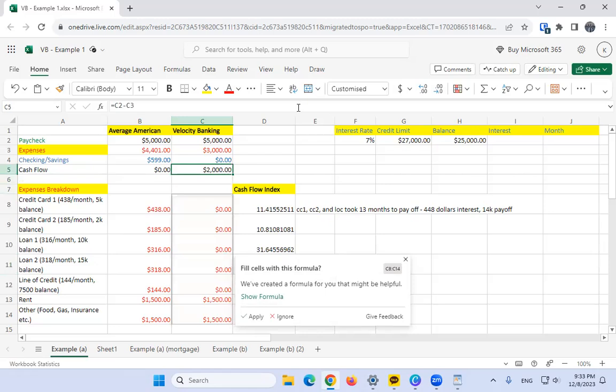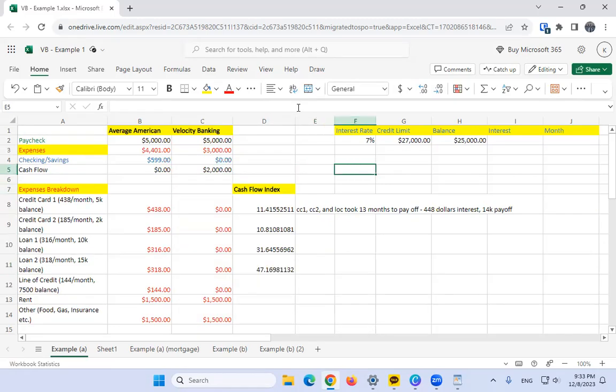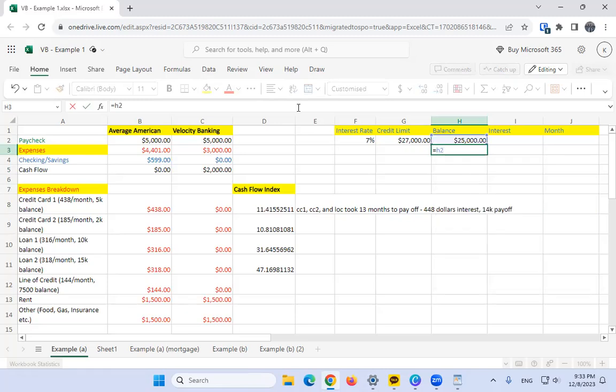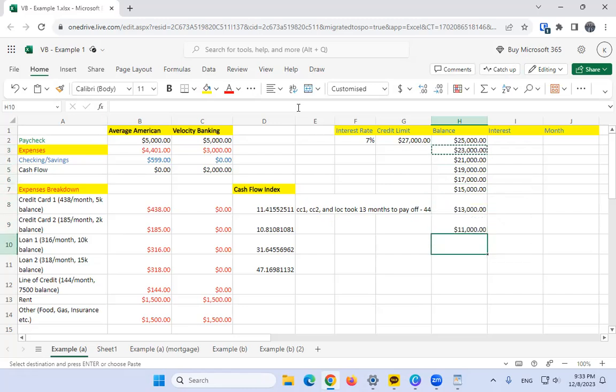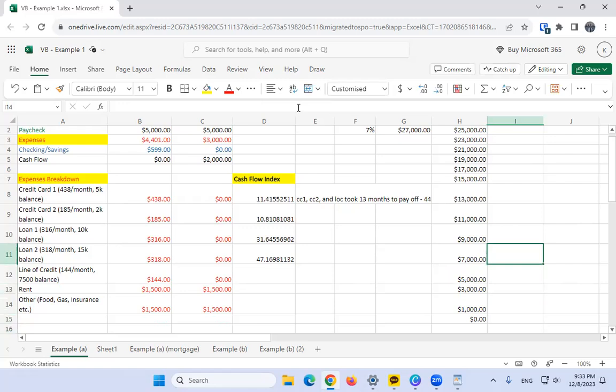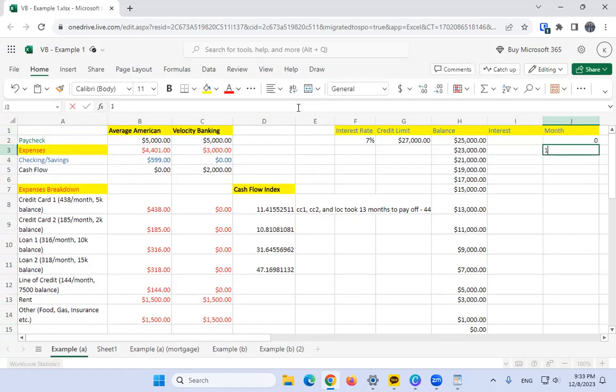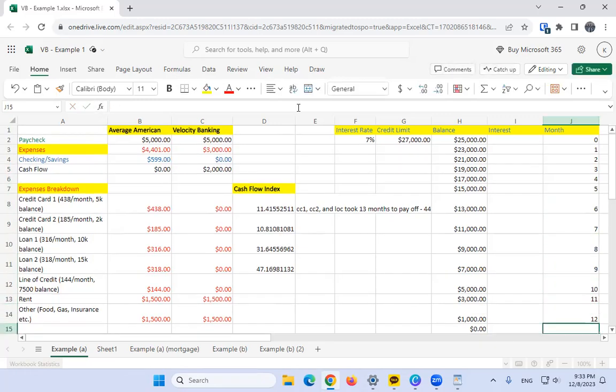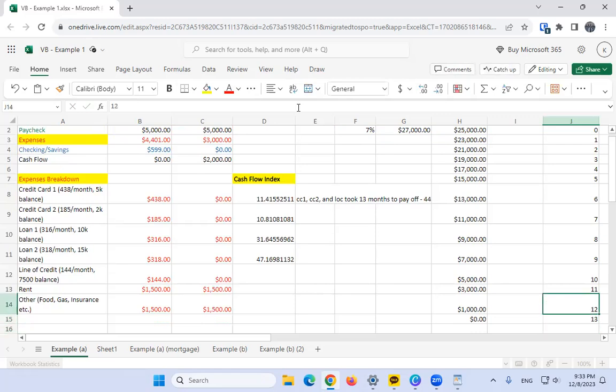So what's our cash flow? It's 2,000, right? So let's see. I'll just go here, H2 minus 2,000. So we have plenty of cash flow to knock this down. And let's do that. And how many months is it going to take? So 0, 1, 2, 3, 4, 5, 6, 7, 8, 9, 10, 11, 12. All right, so 13.